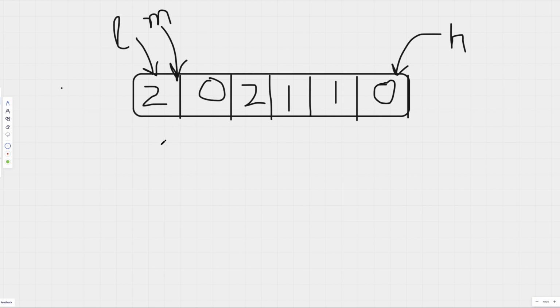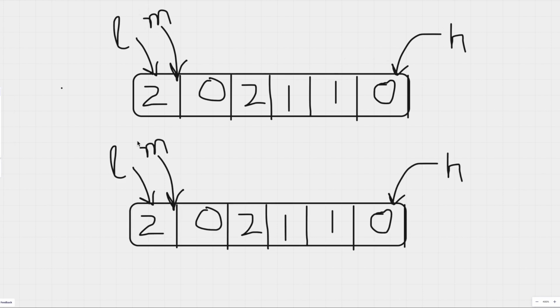Now we'll keep on iterating this mid, and at any point, if we find 0, we'll put it behind low, and if we find 2, we'll put it after high, okay.